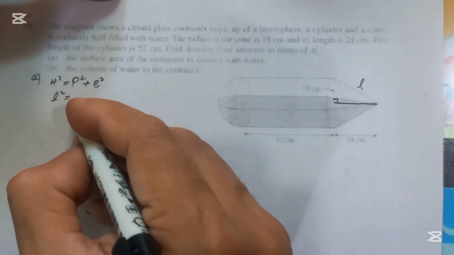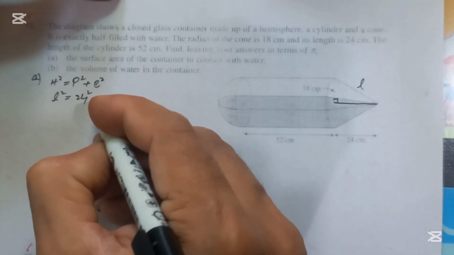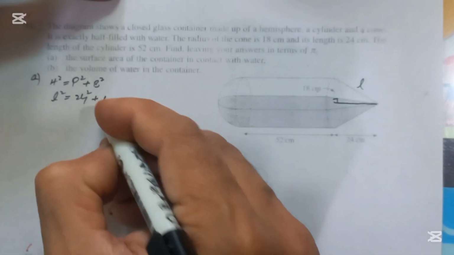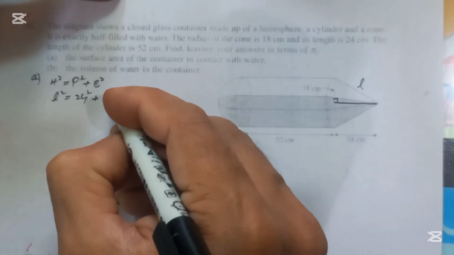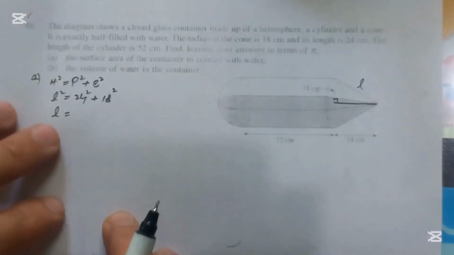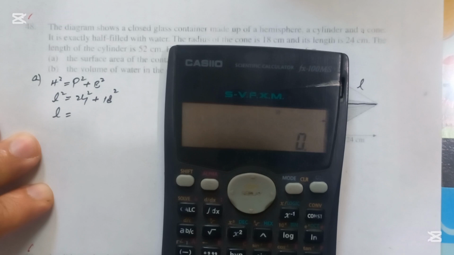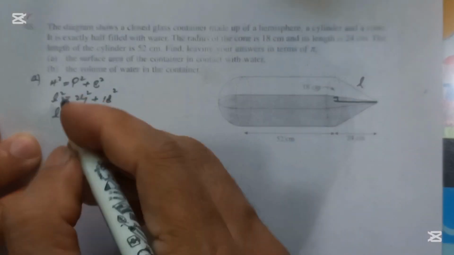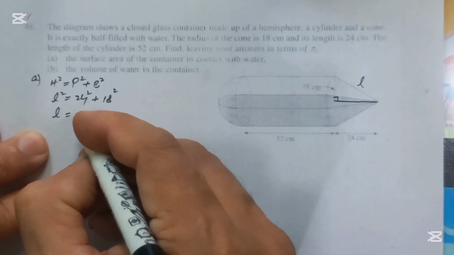Perpendicular is 24 plus base is 18. Solve it on the calculator to find the value of the L. So 24 square plus 18 square. Take the square root directly of the both sides to find the value of the L, that will be 30 centimeter.